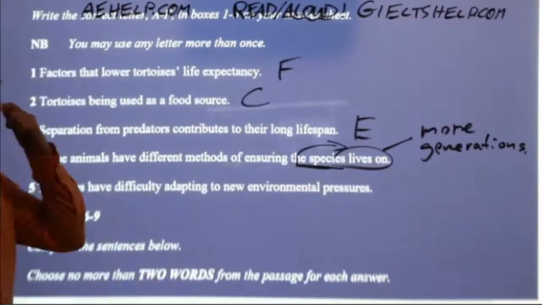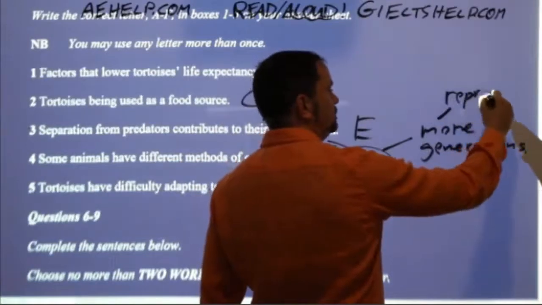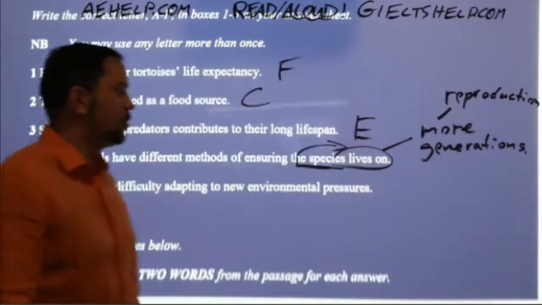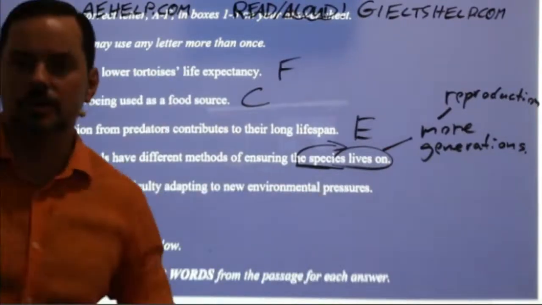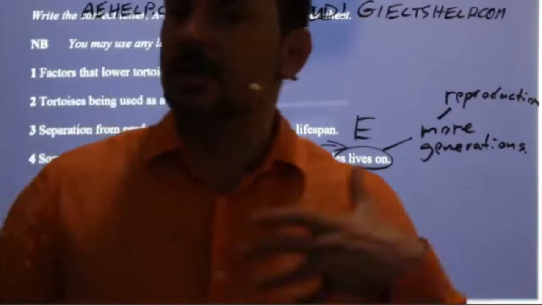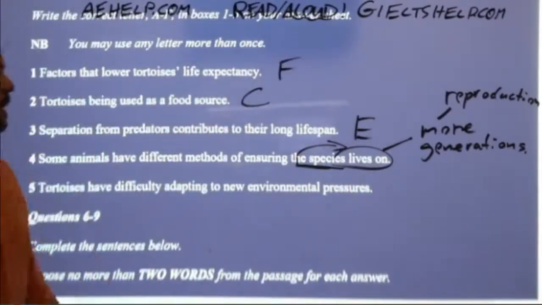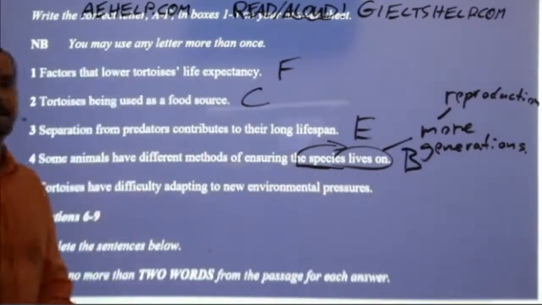So more generations, put another way, is reproduction. Okay, so read carefully, of course. Pay attention to that. Species lives on. What's the answer here? So we've spent a lot of time now on visualizing and logic, so it should come quick. Charlie Janelle says B. B it is. Okay, very good.